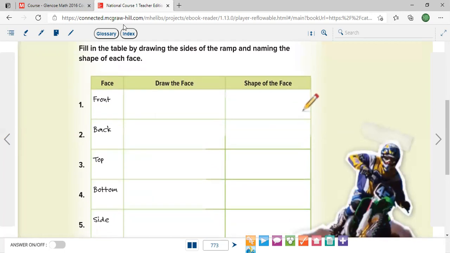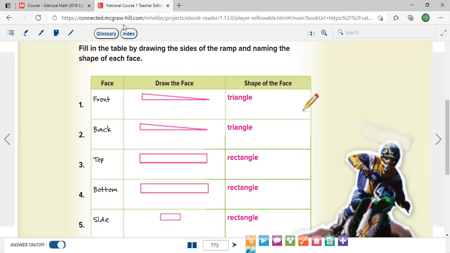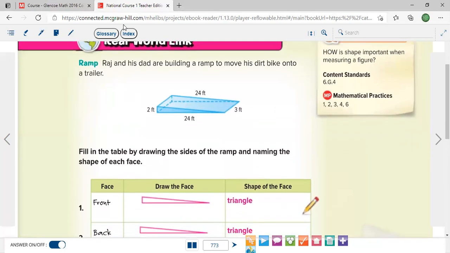Fill in the table by drawing the sides of the ramp and naming the shape of each face. Of course, we have the front and the back shaped like triangles, the top and the bottom shaped like rectangles, and the side face, only one side face, also shaped like a rectangle. Let's see again.